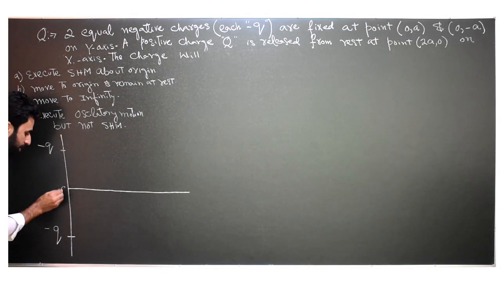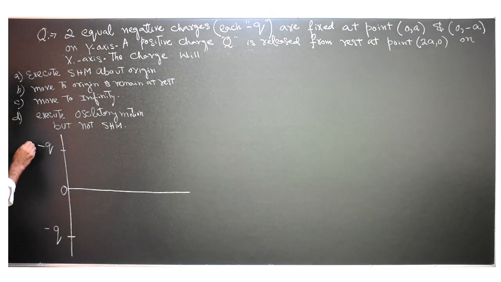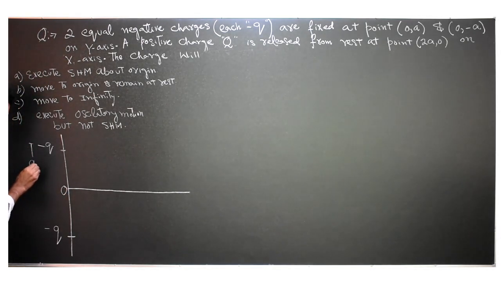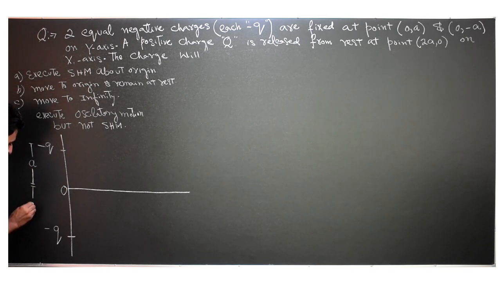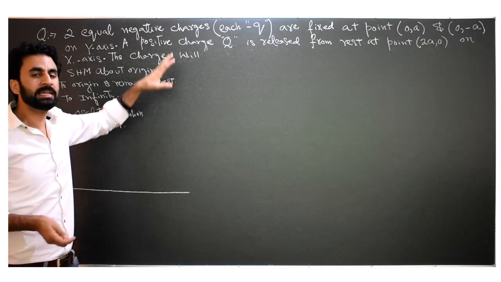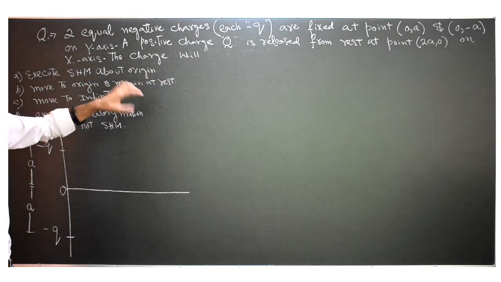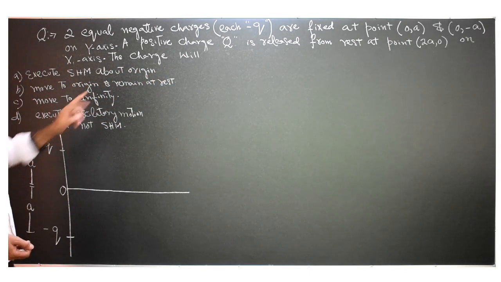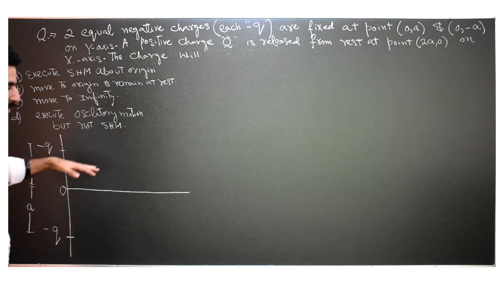Let's call this origin O. The distance from this point up to the origin is a, and this distance is also a. Drawing the free body diagram is the most important step as far as solving a particular problem is concerned.